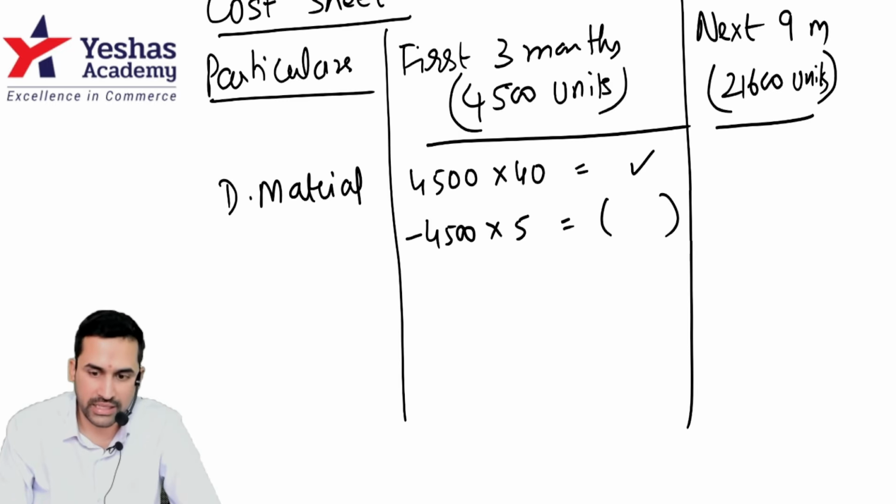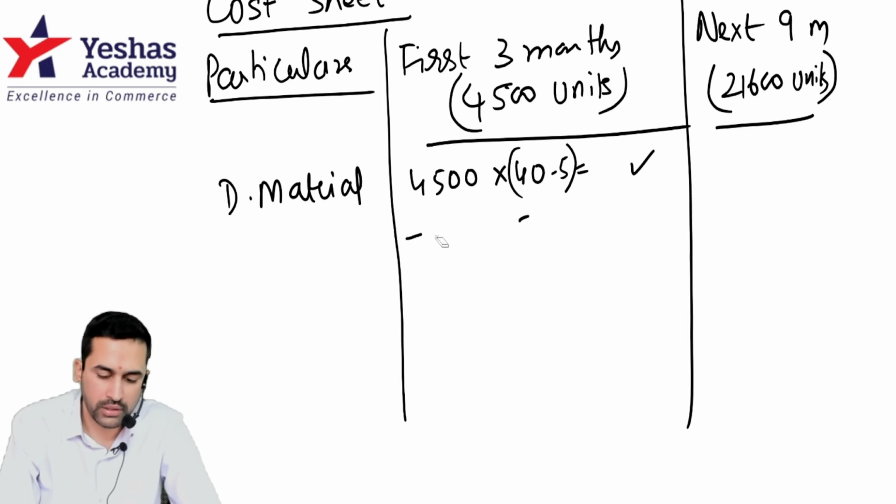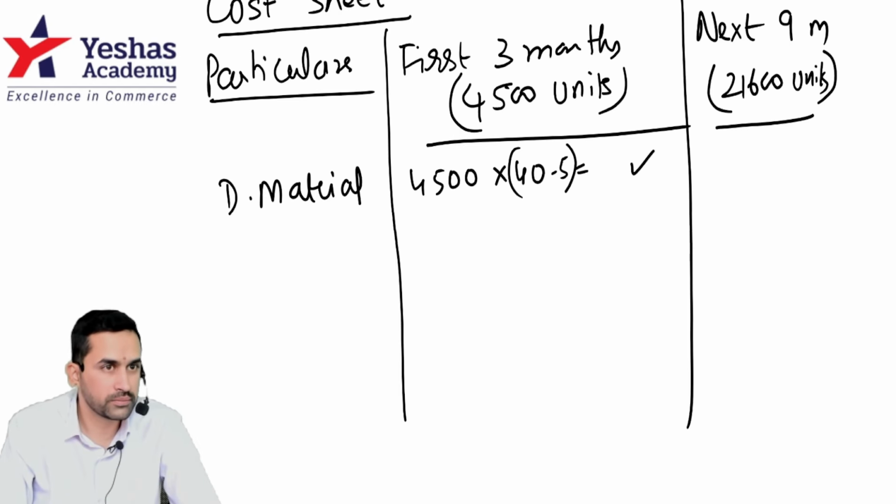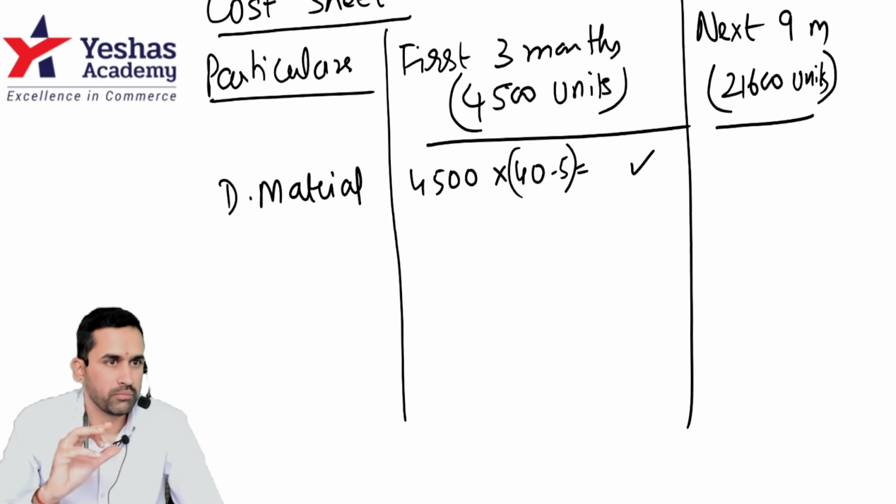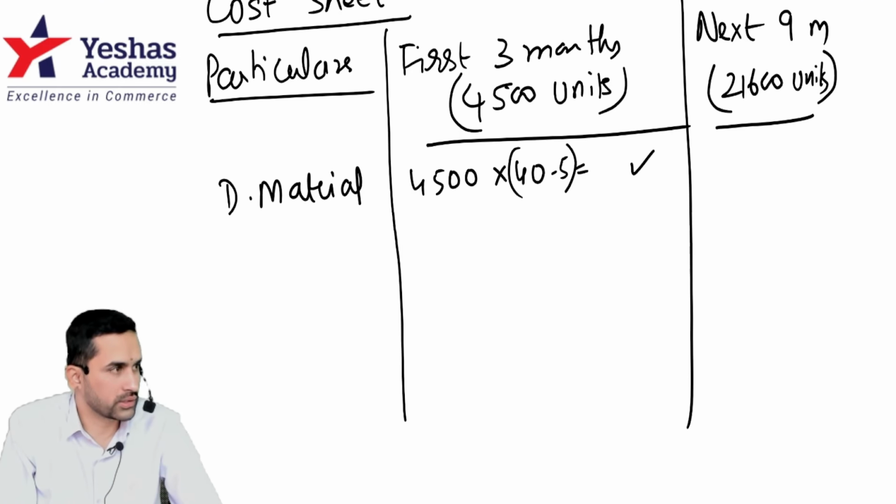Following what I'm saying? Instead, can I directly do minus 5 here and take 35 as the net cost? Same thing, right? This is the same 4500. 40 rupees you spend and buy, 5 rupees you earn from the sale of scrap. You can take the net cost as 35.